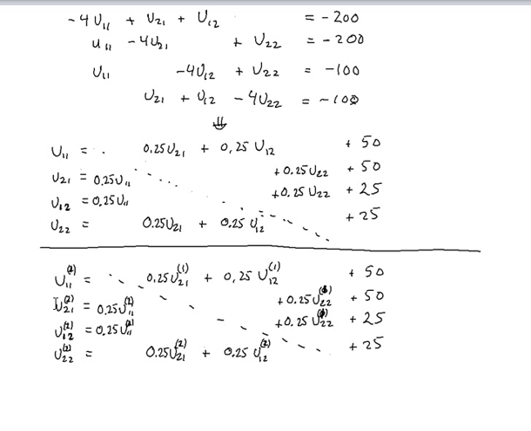So when we have computed this value, we can now insert this value into this, and we do the same again. u12 is equal to this plus this, which is known, plus this, and finally we get u22, and we know all these values. So now we have completed the first iteration.